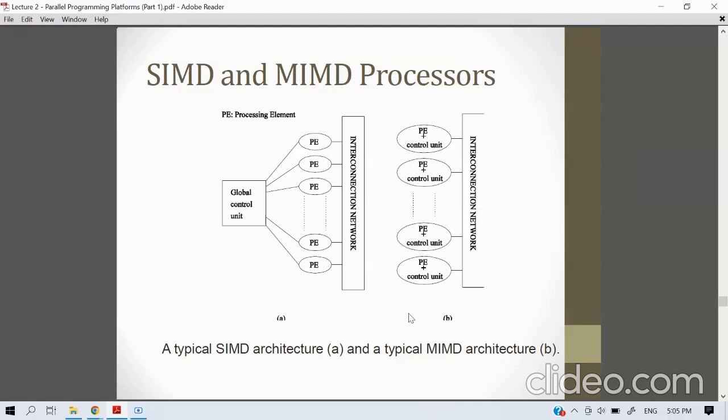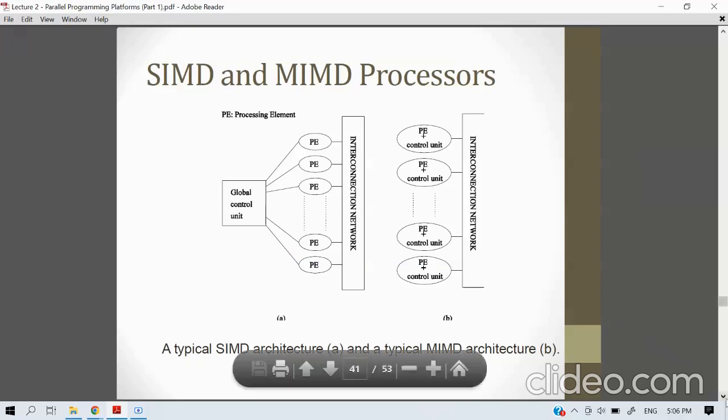And A, the single instruction, uses a global control unit to control all the processes that execute the parallel computing or execute the concurrent process.